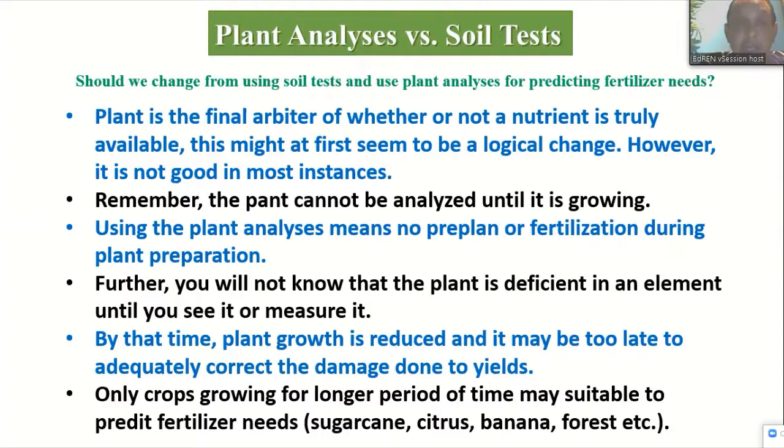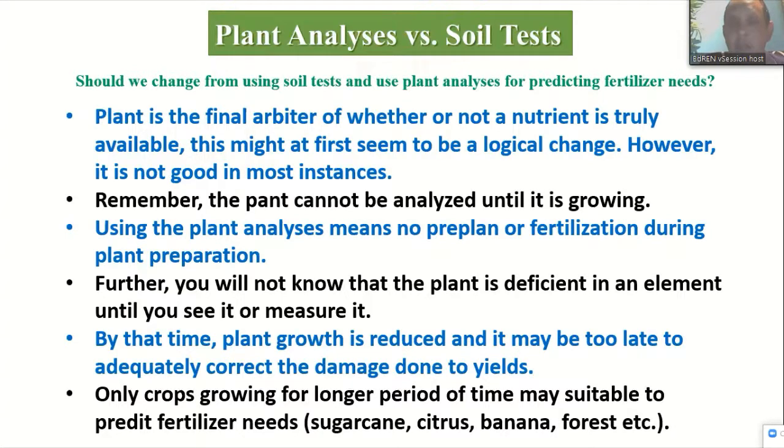But the plant should be grown for a certain period before analysis, and using plant analysis means no pre-plant fertilization during plant preparation. That means if you want to analyze the plant, you have to grow the plant on the field or in the soil.